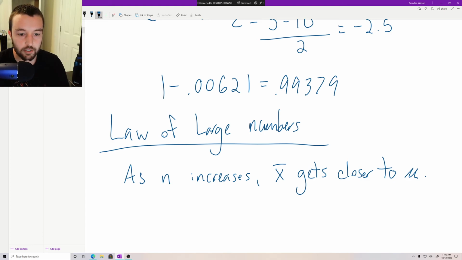Okay, that's all the law of large numbers says, and the central limit theorem is kind of an example of this. It's basically saying the same idea, and you can use one to show the other. That's why it's being brought up here. But we don't really need to go over it too much.